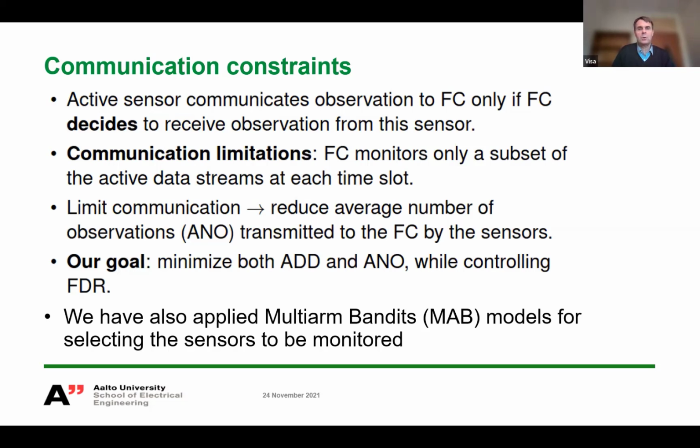Limiting communication will also improve another important performance criterion, the average number of observations, which is associated with data efficiency. The idea is to come up with a technique that minimizes the average detection delay and is also very data efficient in terms of the average number of observations.